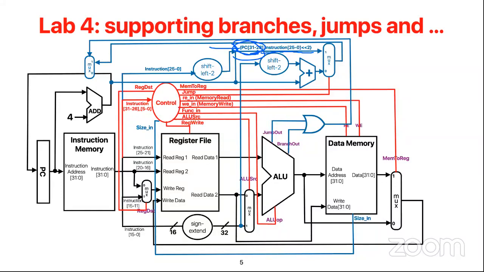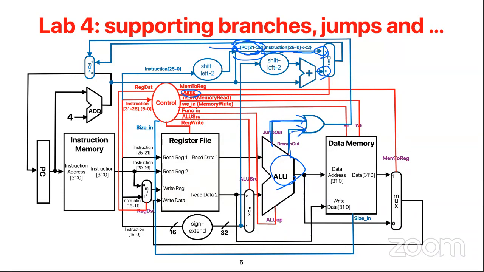Using this, the jump signal helps us tell if this is a jump instruction: if it's a jump, we take this one; if it's a branch, we take this one. To decide whether to use the jump or branch output, the control unit outputs a branch or jump signal.